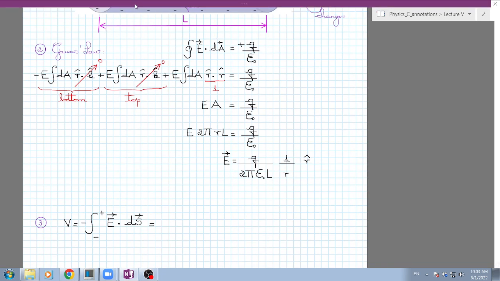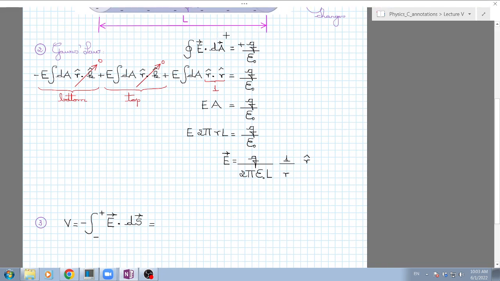I'm going to use the electric field to calculate the potential. We know how to calculate it, we just have to integrate.